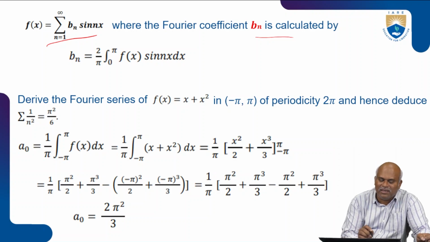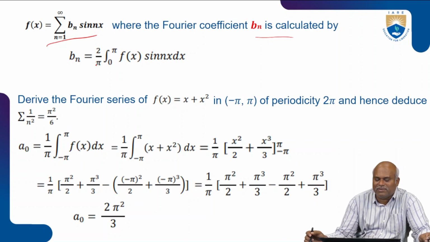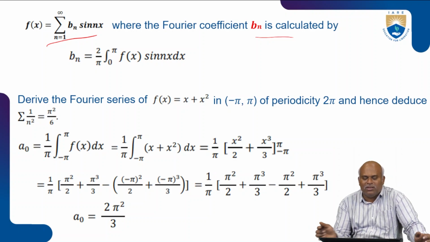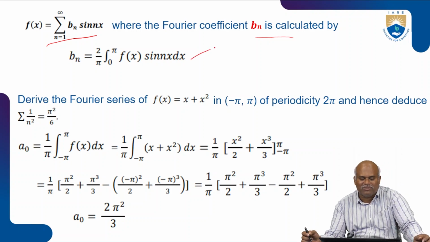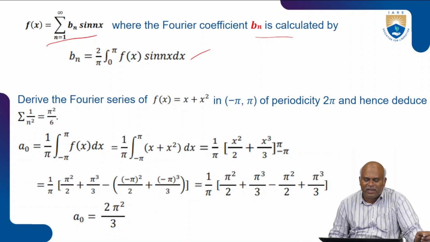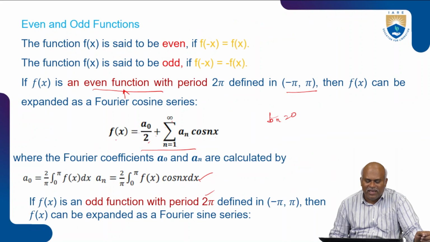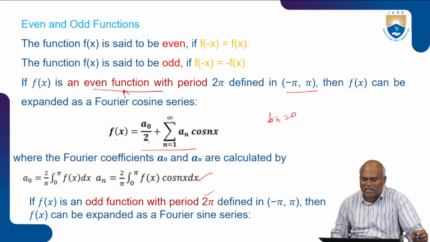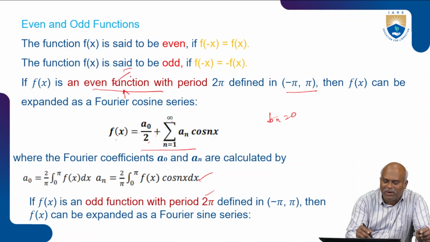We calculate b of n equal to 2 by pi integration of 0 to pi f of x sin nx dx. So this represents the even as well as the odd condition. What we concluded is that for the trigonometric Fourier series, our output is present only in the even part.